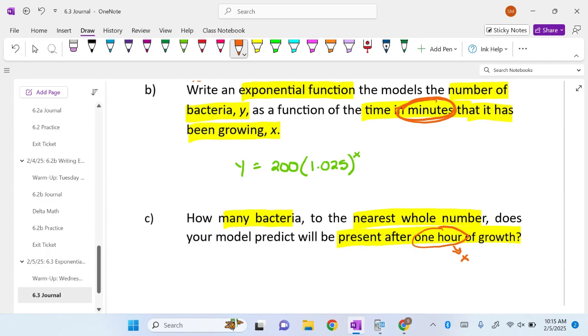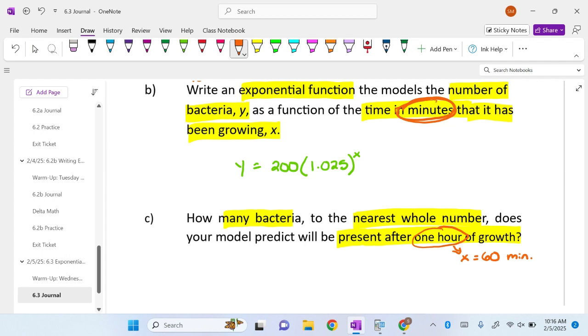But then it asked us to find after 1 hour. So X in this case equals 60 minutes, because there's 60 minutes in an hour. If you write an equation in terms of 1 unit, and they give you a different unit in another part of the problem, you need to convert to the original unit.